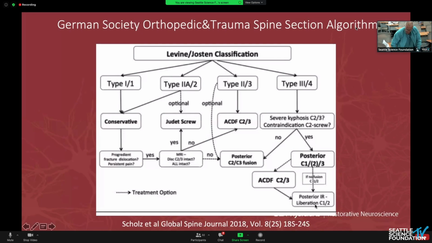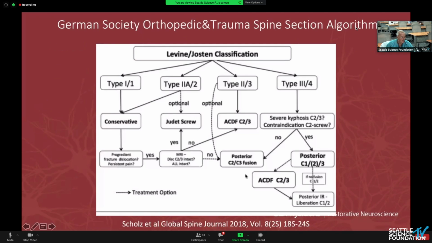At the very bottom in the right lower corner is something called Liberation C1-2. This is a strategy where you do a C1 to 3 procedure, and then you do a C2-3 ACDF, and then you go back and remove your C1 screw in order to get a good stabilization without significant disruption of the rotation, which is primarily at the C1-2 level.